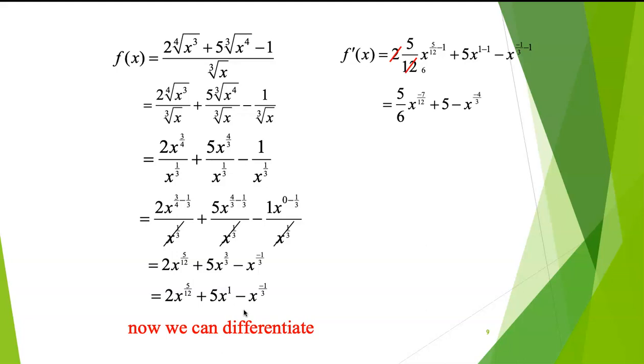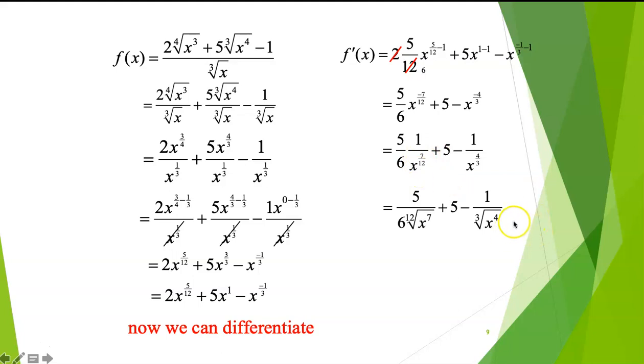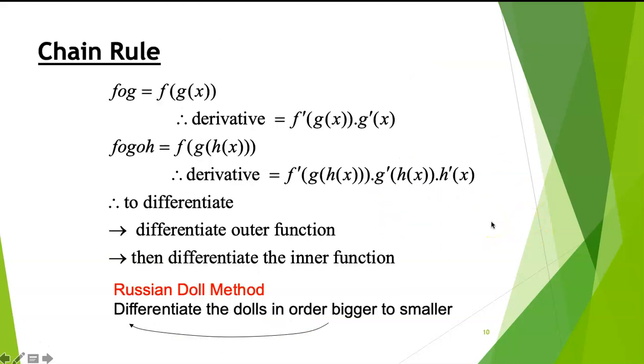Now we write the differentiated result into a positive power first. So we moved it back down to the positive power, then rewrite it in surd format. So this one will be the 12th root of x to the power of 7, and the third root of x to the power of 4, and that's your final answer.